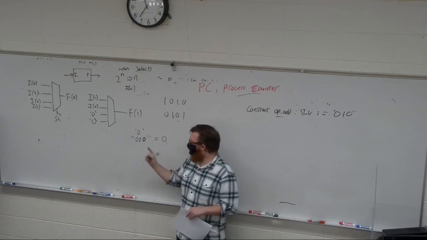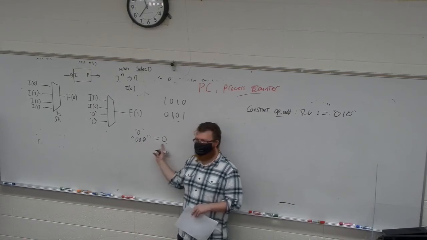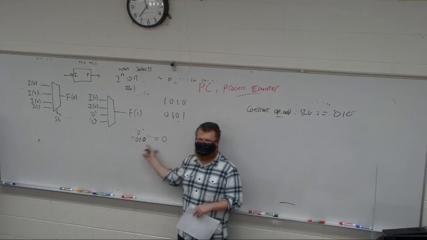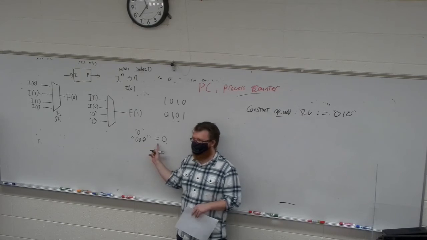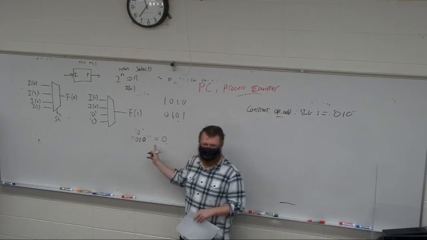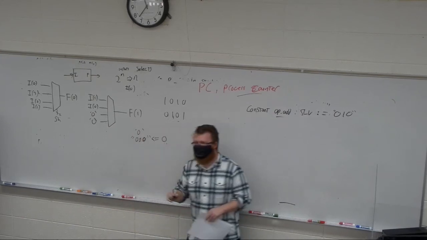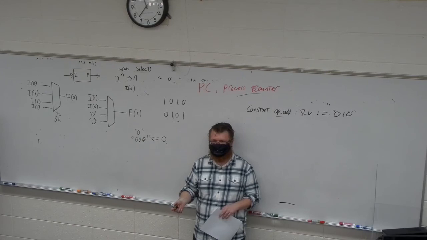So I can't say, is this standard logic vector equal to this integer? Because that's nonsense, apples to oranges. So I would have to do some sort of conversion. I want you to know that. I want you to know this is asking the question, are they equal? And this is making an assignment.